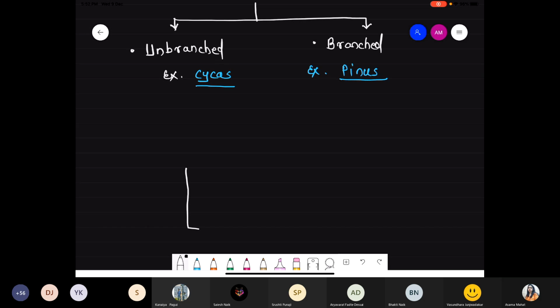That area is nothing but the stem area. So this is the simple structure of this stem, which is an unbranched stem. On this stem, cycas leaves are present. On the top there is a presence of the leaves, and you know very well that in case of the cycas there is a presence of the compound leaf, right? So these are the leaves of the cycas.